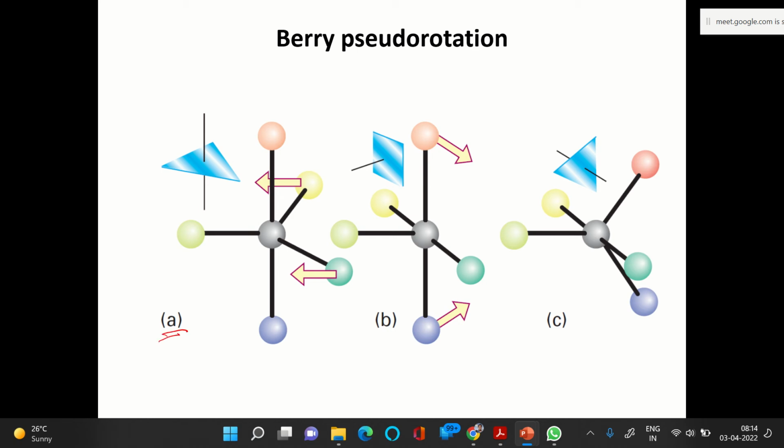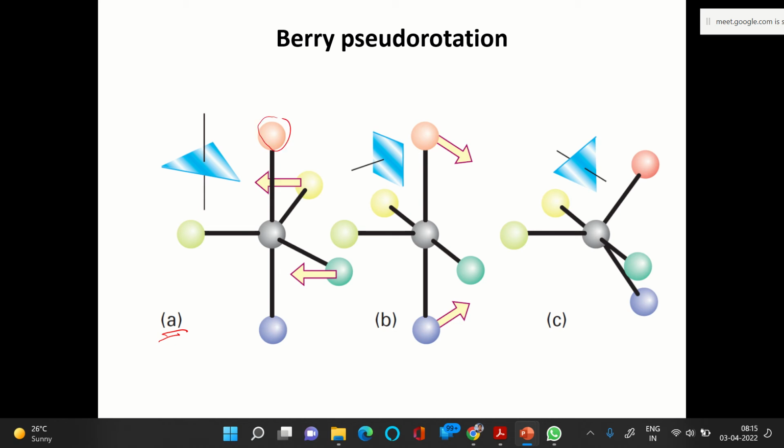Look at this. I need all your attention on this picture. You see here the equatorial plane, the triangle that you see here. These are the three positions that you can see. You can picture all these three lying on this trigonal plane, right? And the two other ligands, two other substituents, one is here.